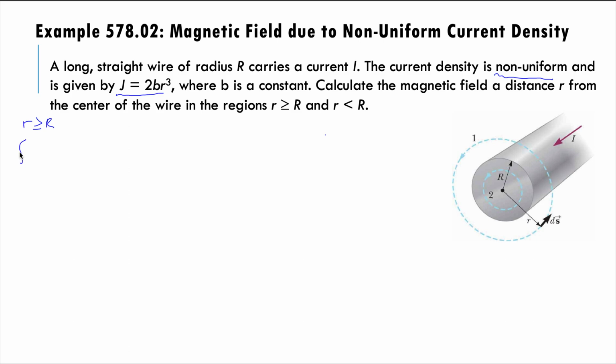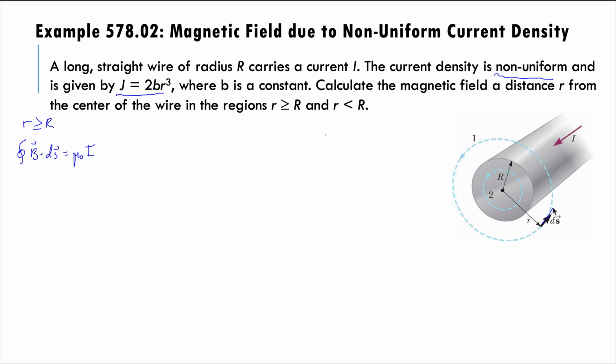and let's write down Ampere's law, the line integral of B dot ds equals mu naught I penetrating that surface made by that Amperean loop. So when we are outside the wire, we're going to pick a circular Amperean loop, and it's going to work just like the other examples.